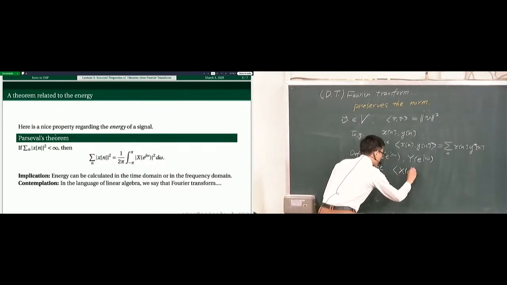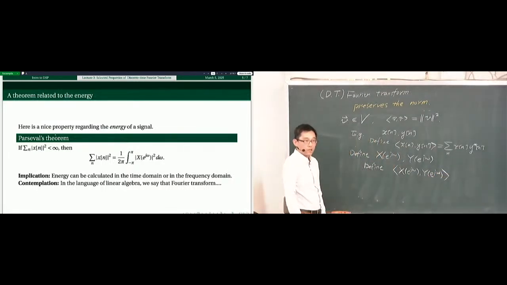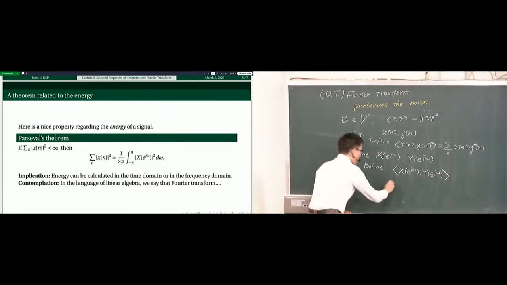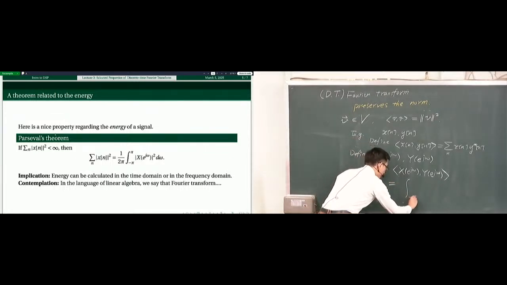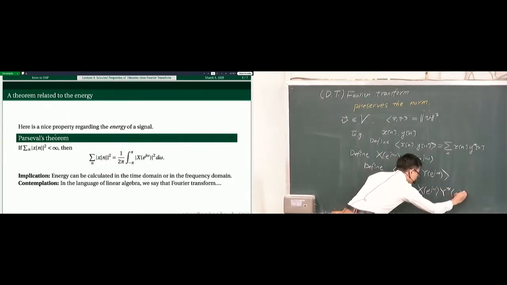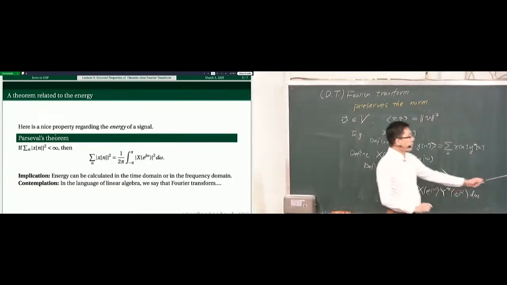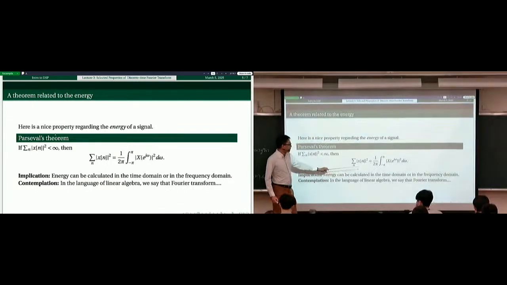For any two given spectrums, two continuous frequency functions, we can define the inner product as the integral from minus pi to pi of X times Y conjugate d omega. So inner product on the left-hand side, inner product on the right-hand side. And if you are talking about the inner product of something with itself, that becomes a norm square. Norm square on the left-hand side, norm square on the right-hand side.